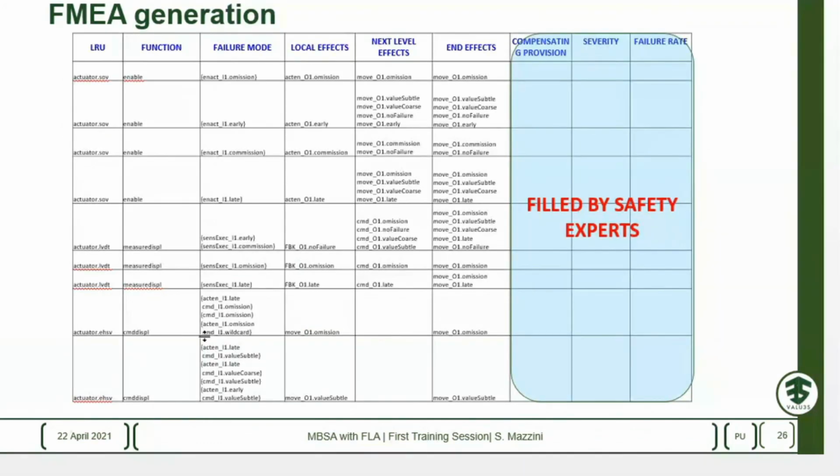For example, we can automatically generate the main fields for a FMEA table, that is the function, the failure mode of the function, the local effect of the function, and the effect on other levels, so the effect at the system level.